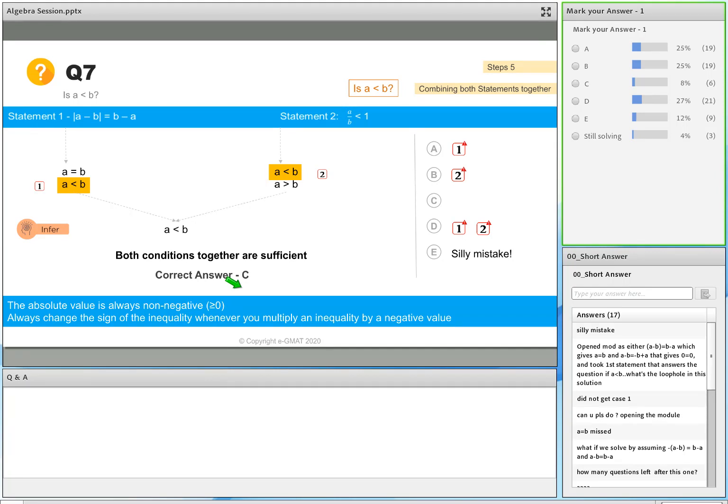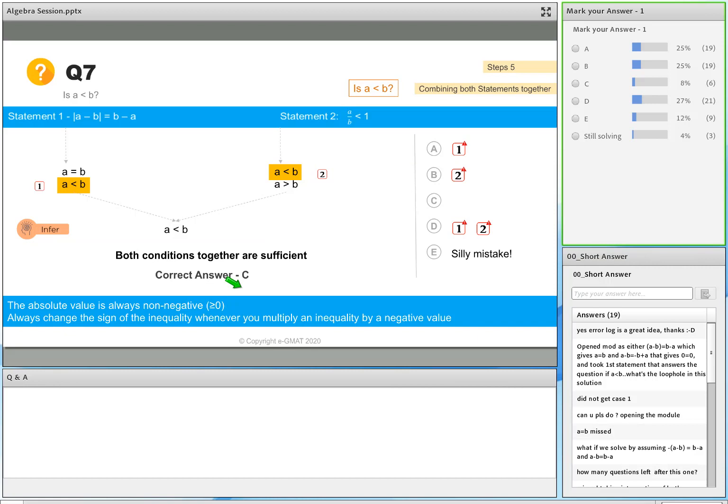You need to make sure that you learn from them so that you don't repeat them. Yes, error log is a great idea. Please follow this diligently throughout your journey and keep at it. Okay, let's go on now to the final question.